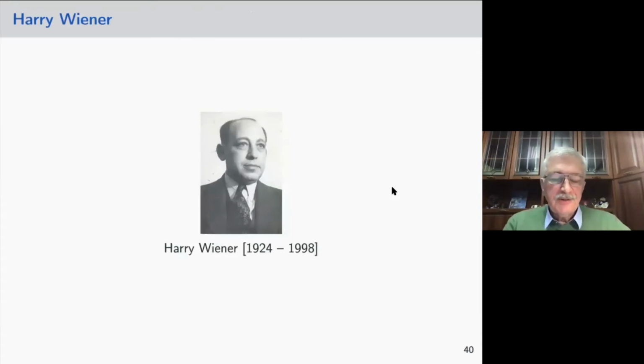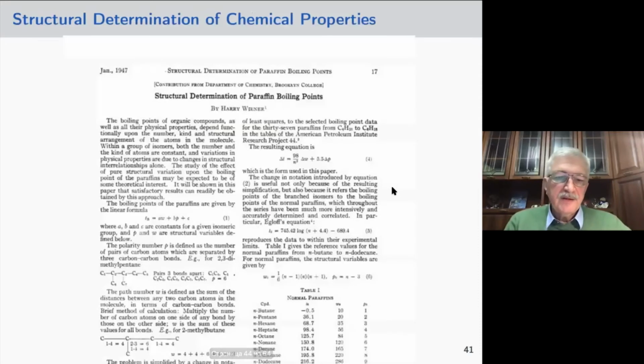It's called in honor of the American chemist Harry Wiener. This is a picture of him, and he wrote a very nice paper published in 47 about structural determination of paraffin boiling points.